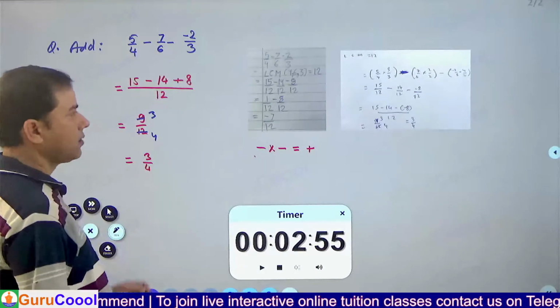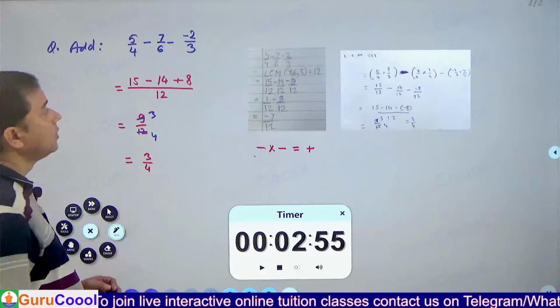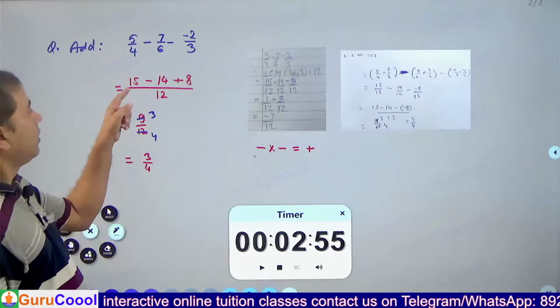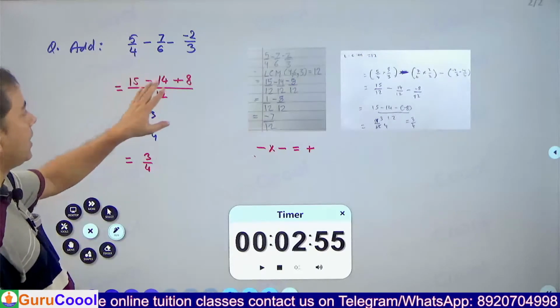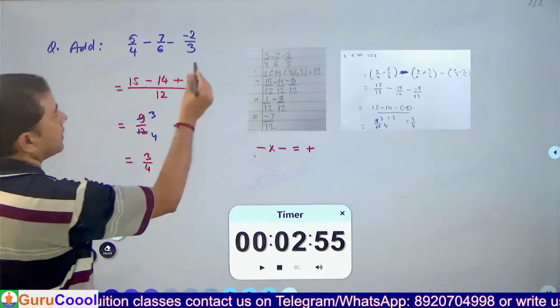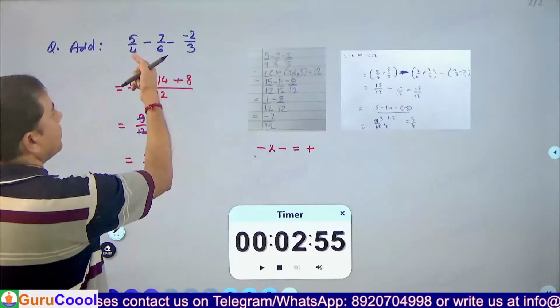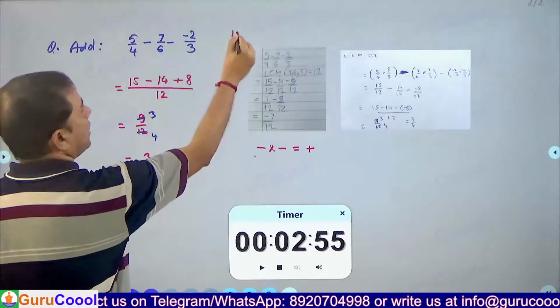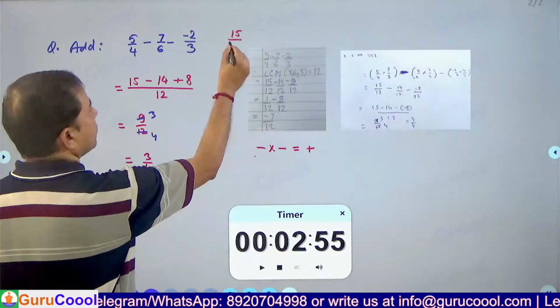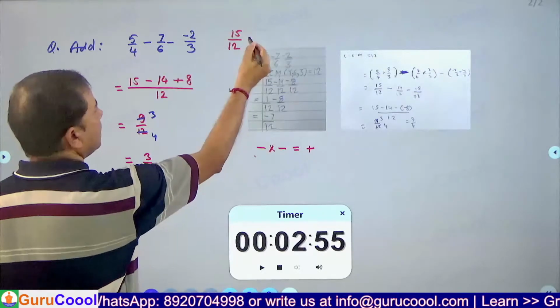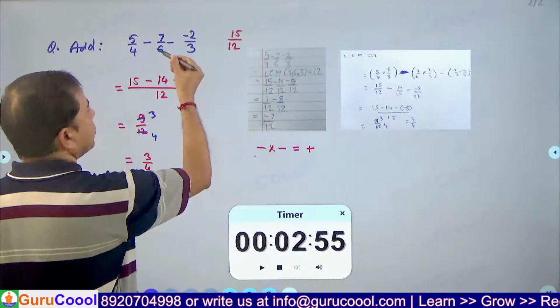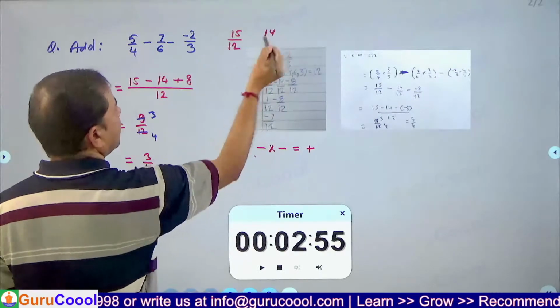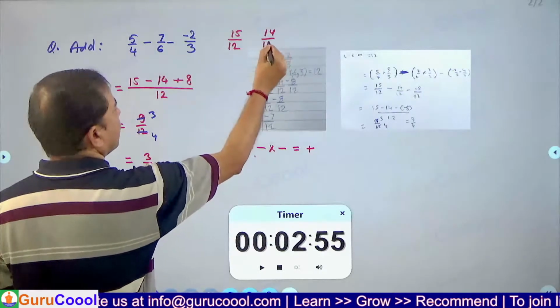So this is just a trick you need to focus on. If you write denominators 3 times, you will write it like this. You will multiply the first one with 3. So 3 5s are 15 by 3 4s are 12. In the second one, you will multiply with 2. 2 7s are 14 by 2 6s are 12.